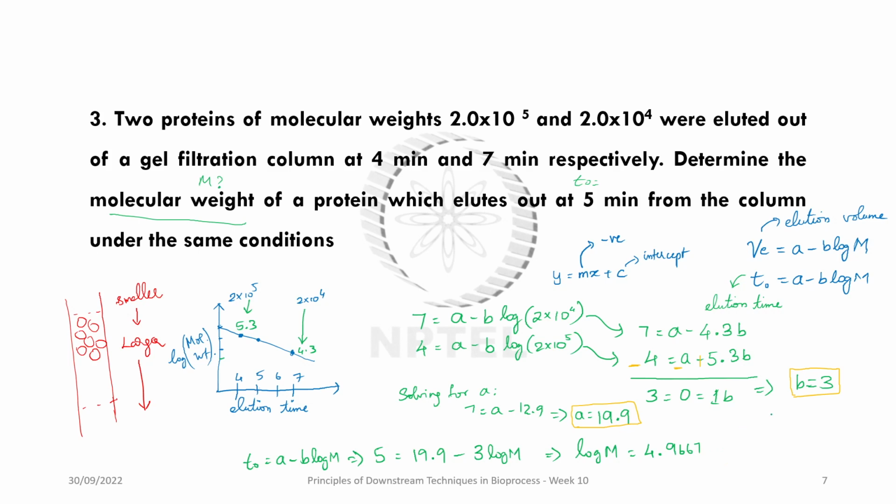So take antilog on both sides, solve for M, or raise it to the base of 10.